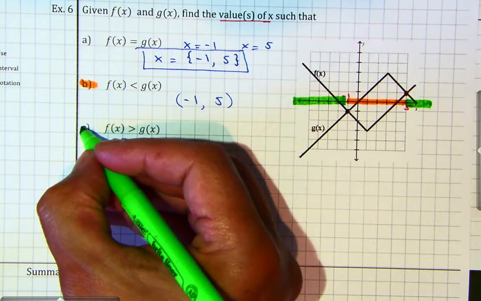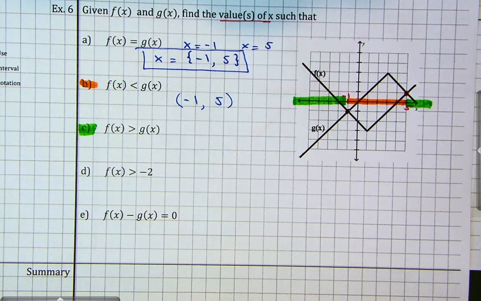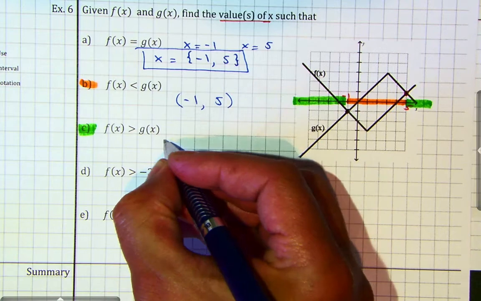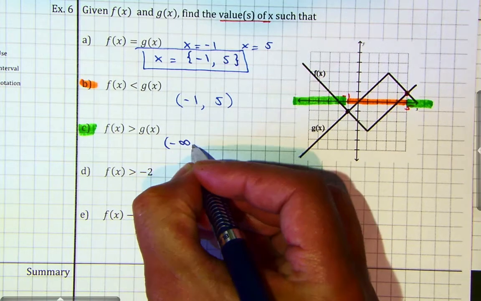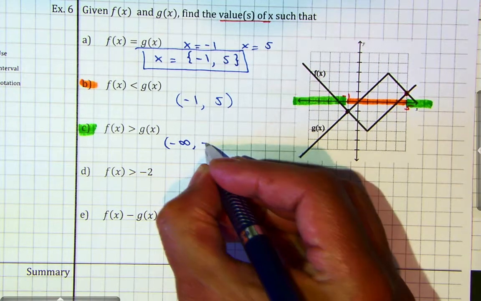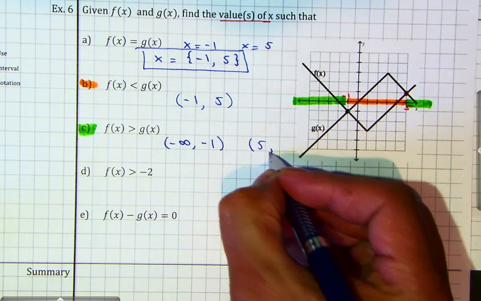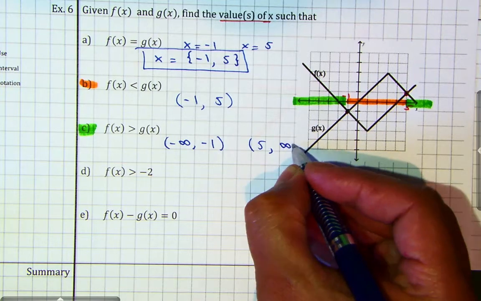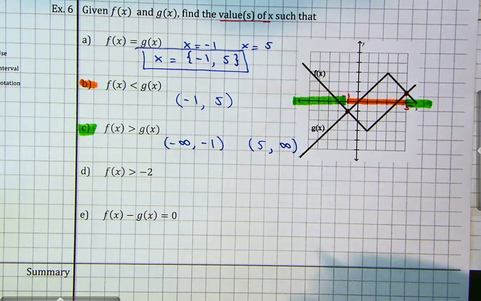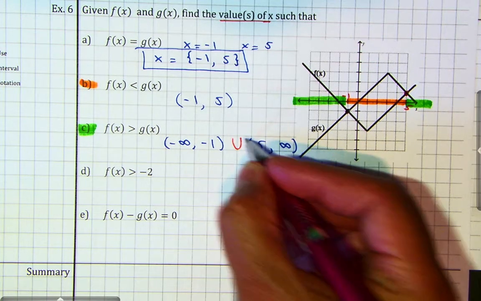And that'll be for letter C. So that'll be from negative infinity all the way up to -1, get parentheses, and then we'll continue with 5 all the way up to positive infinity. And remember, in between it'll be a union.